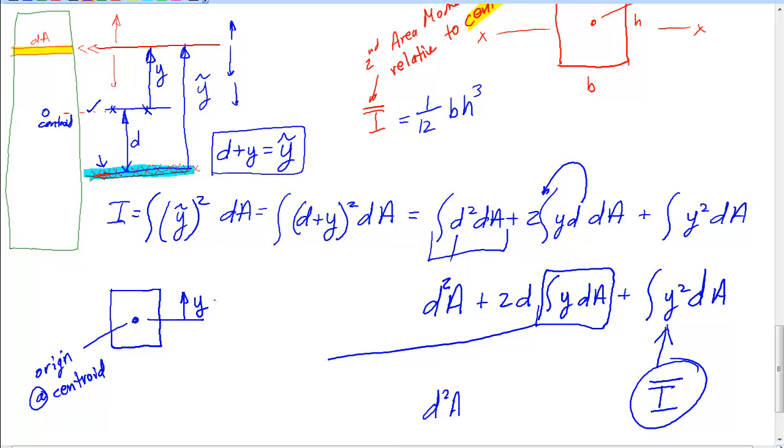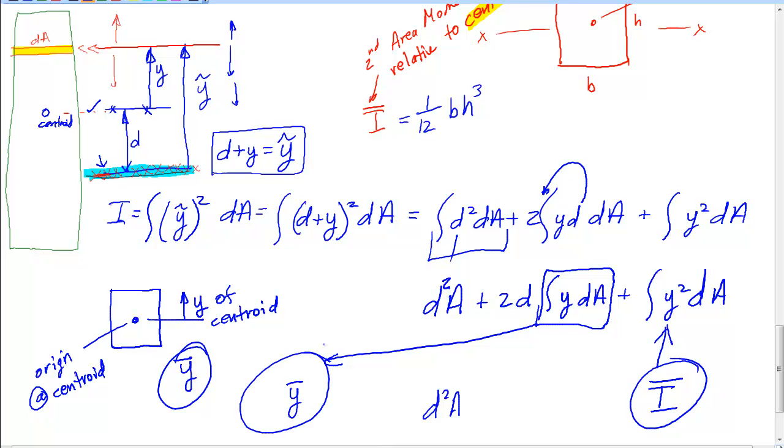What is the y location of the centroid? What is y bar in the coordinate system in which I place y at the centroid? By the way, this integration is directly related to that, with an area, of course.